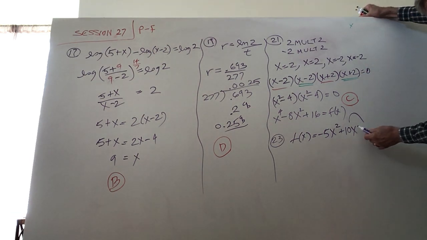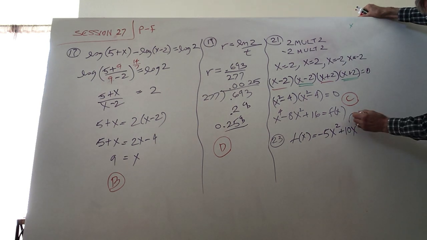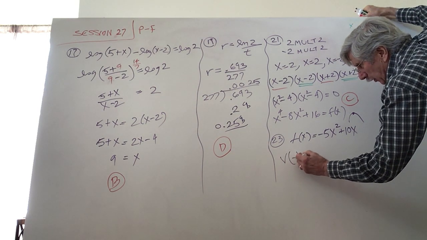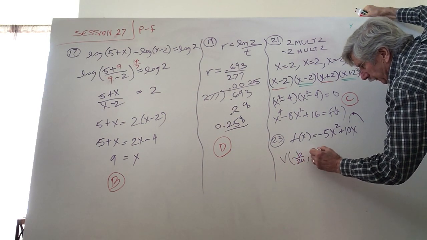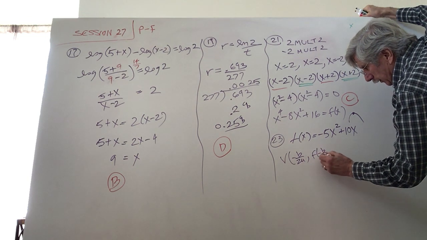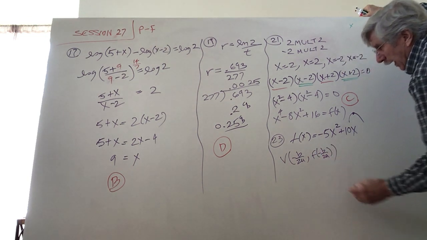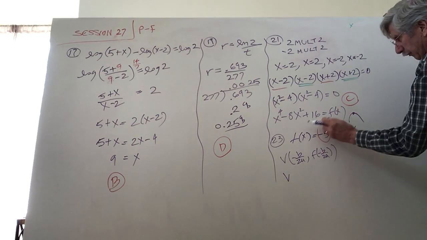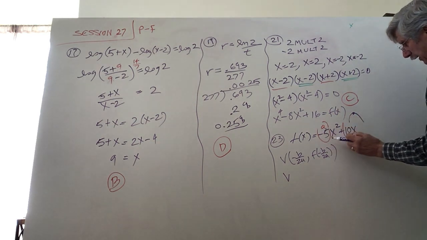We find that for the parabola, the max or min is going to be at the vertex. So the vertex we found before as negative b over 2a, comma f of negative b over 2a. Here a is negative 5 and b is 10.